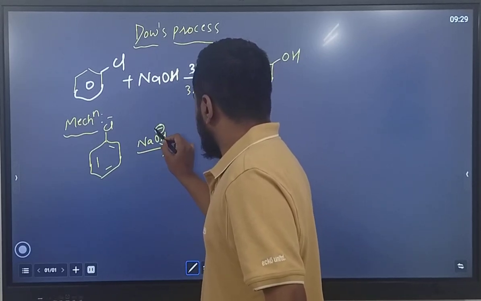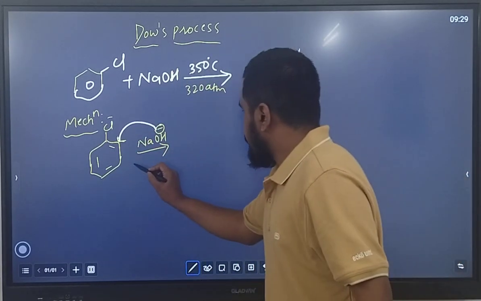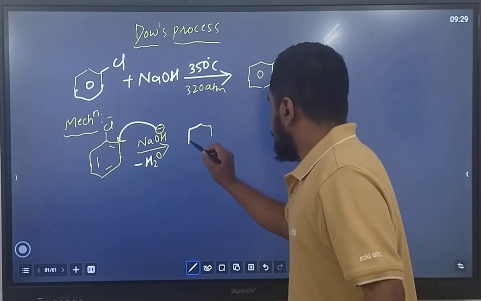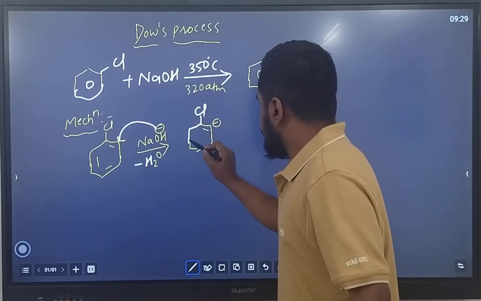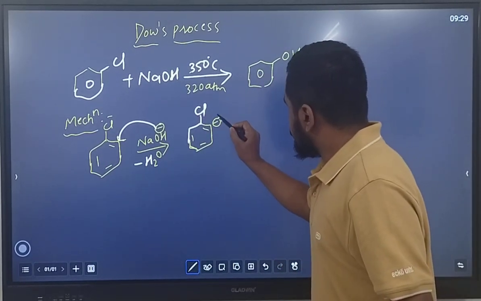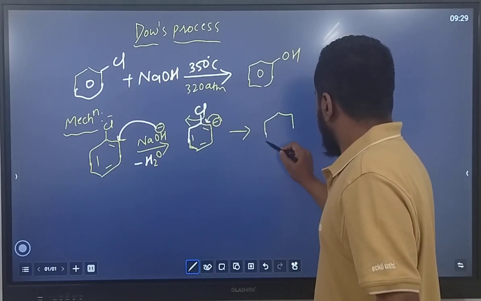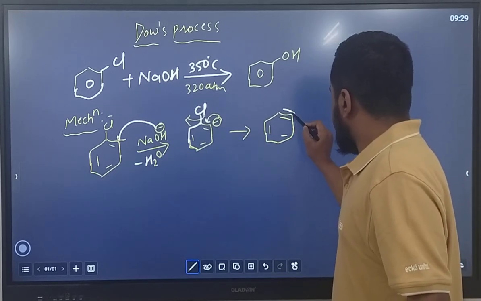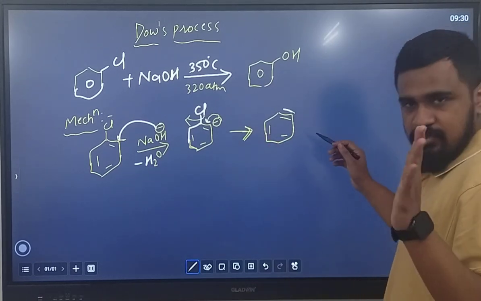OH minus abstracts hydrogen from the ortho position, then H2O is released. Then a double bond forms, and this negative charge eliminates the Cl. A benzyne intermediate is obtained in this reaction. This is the first step.